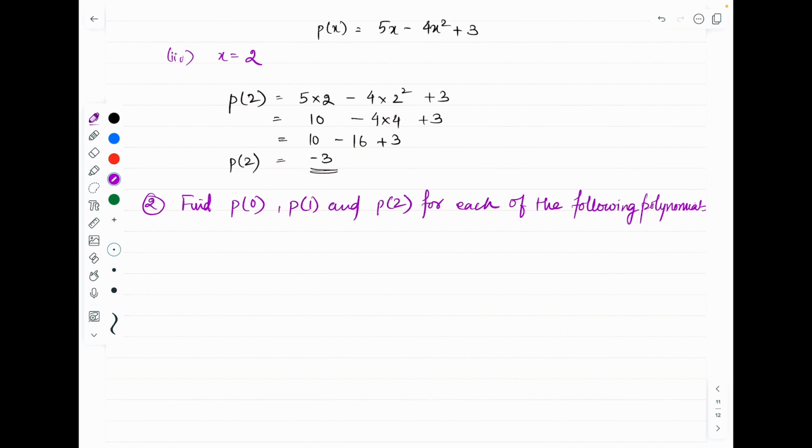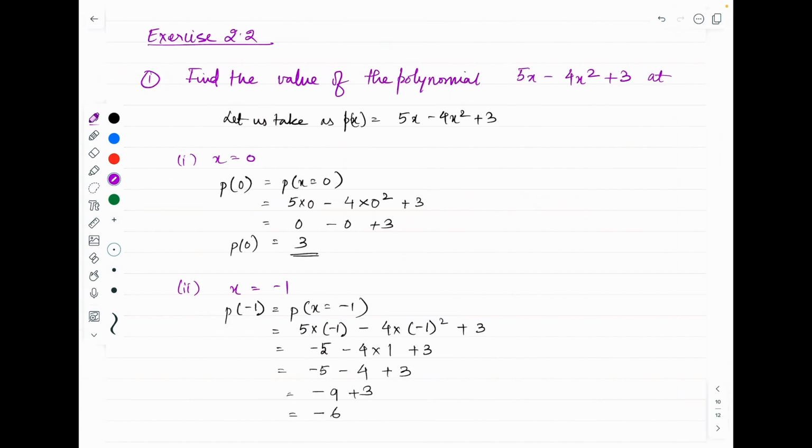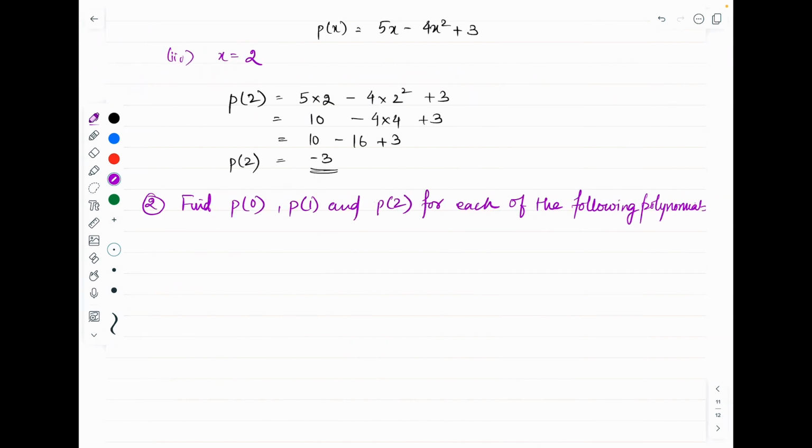See, one polynomial will be given. Here we are finding each value, no? 0, 1, 2. So likewise you have to find p of 0, 1, 2. So here I will not do each step one by one. I will directly write. Okay, the first question is p of y is given as y square minus y plus 1. Okay, so we have to find what?